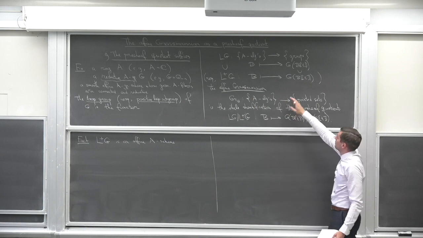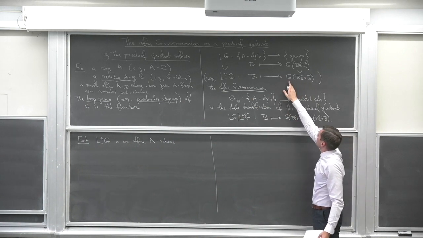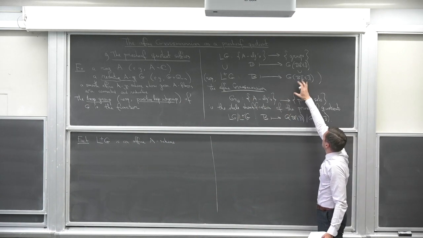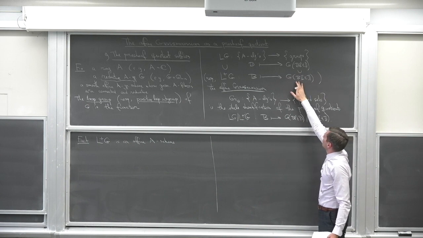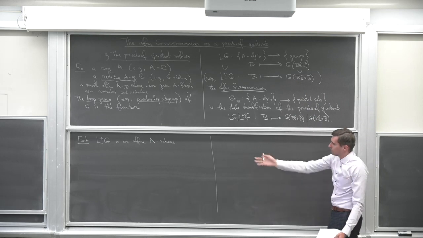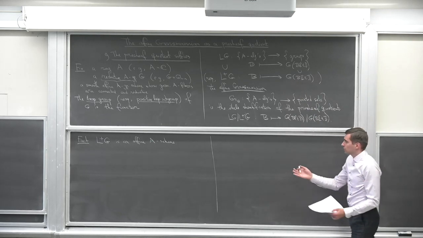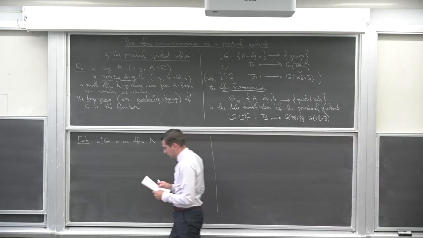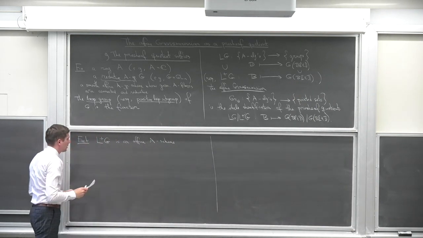And then the relations of the coordinate algebra of G, when you multiply everything out, give some relations between these coefficients of formal power series, and these are the relations of the L+G scheme.